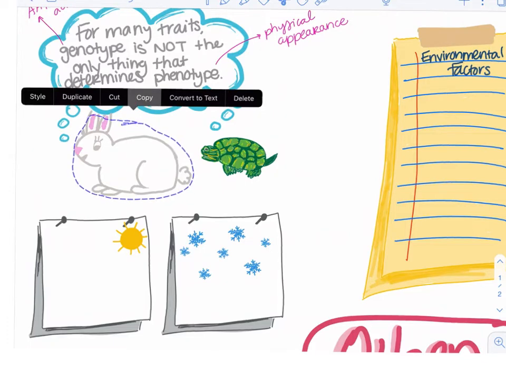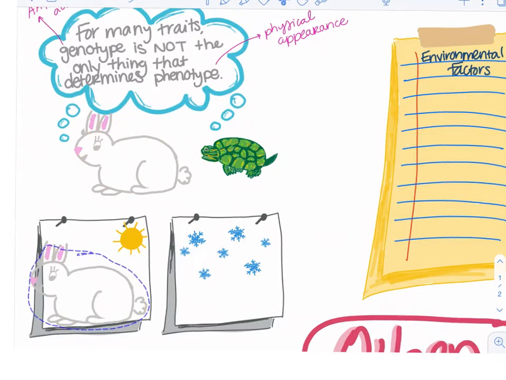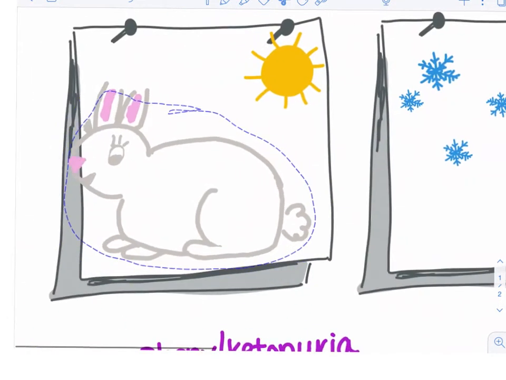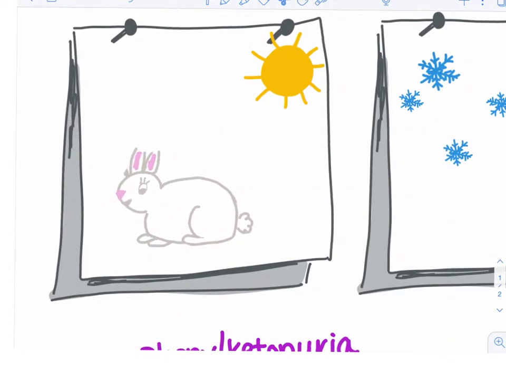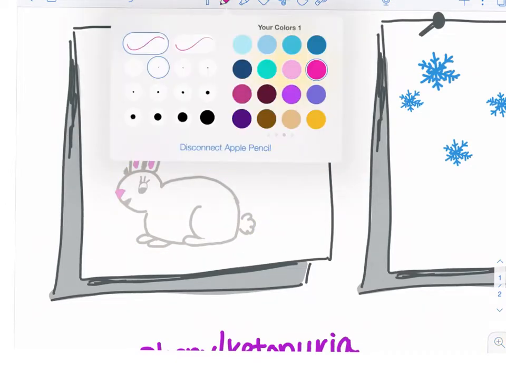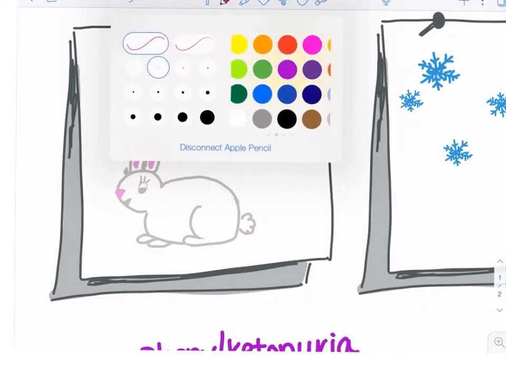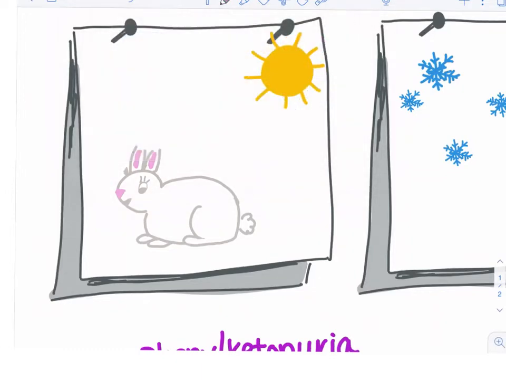A couple examples of this is with the rabbit that I have drawn. If our little bunny rabbit grows up in a warm environment, its fur will remain light colored, the white little bunny.